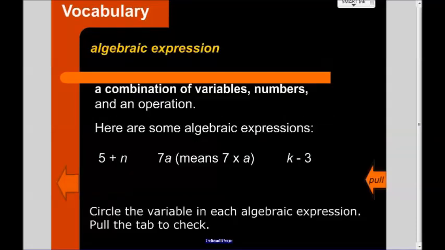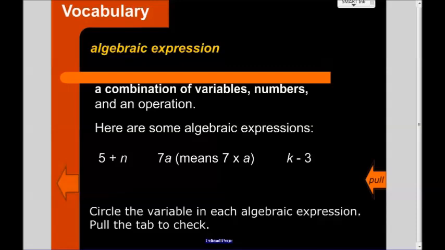An algebraic expression is variables and numbers with the operation sign. A plus, a minus, a division, a subtraction. If you look at the screen, 5 plus n, the n is the variable. You see the plus sign.